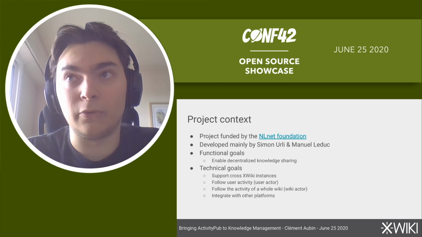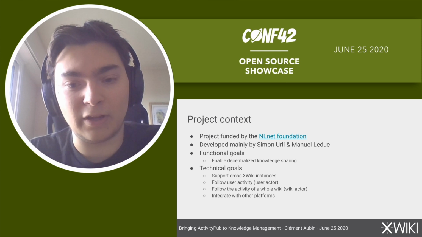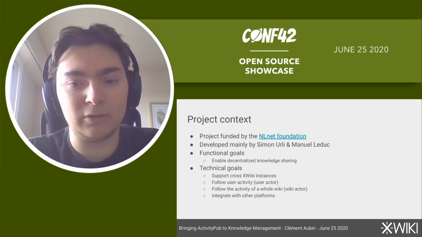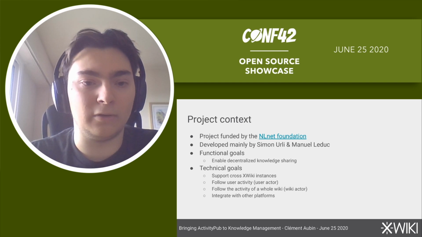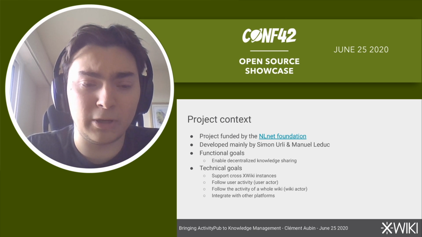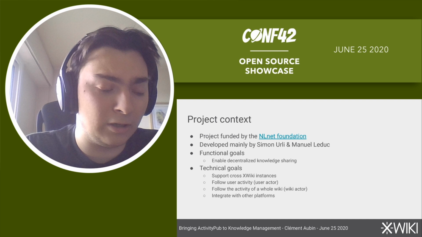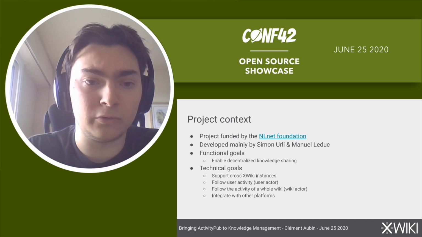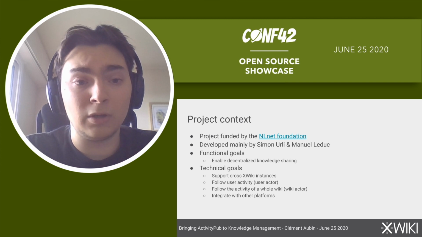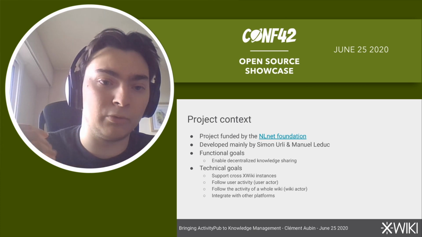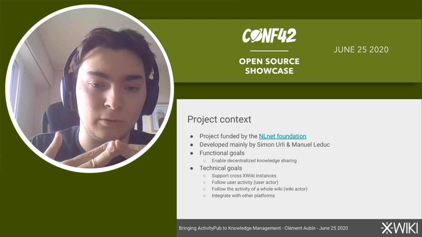The main goal of this project is to have a glance at what it takes to enable decentralized knowledge sharing. It can be documents, it can be any kind of information, not especially based directly on user-to-user interaction, but more on an interaction between a source of knowledge and another source of knowledge that we will try to interconnect through the ActivityPub protocol.